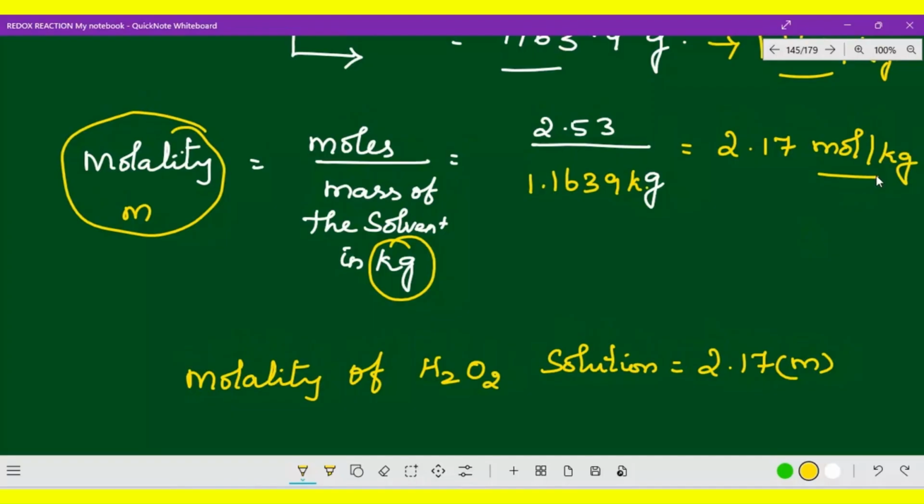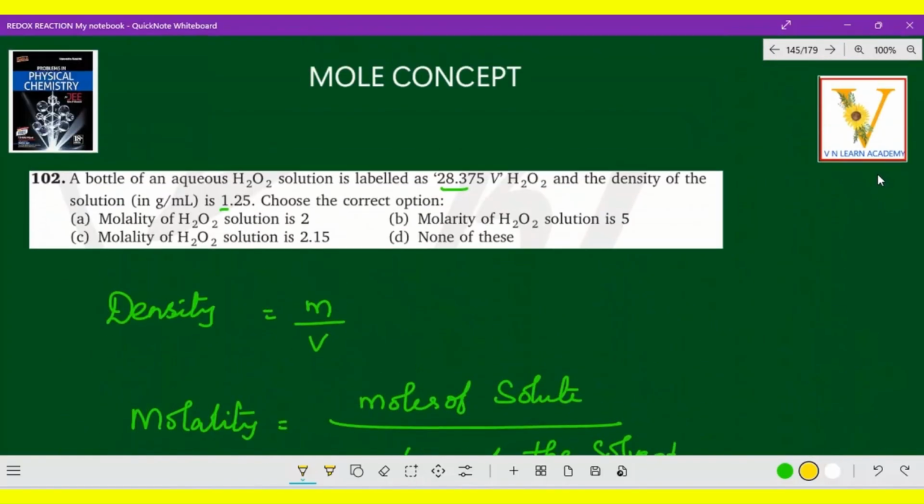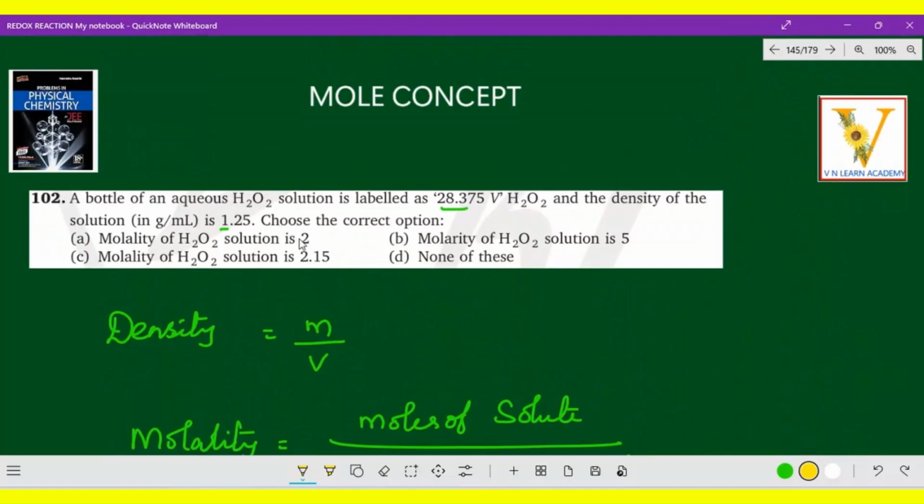Come on, let us check the options whether it is correct or not. The options are 2, 5, 2.15, none of these. Actually 2.15 is nearer to that, so we can consider option C as the correct option. I hope you got the clarity how to identify.